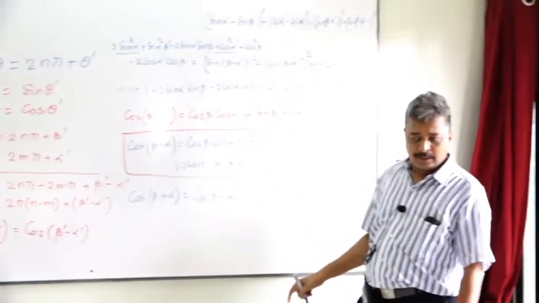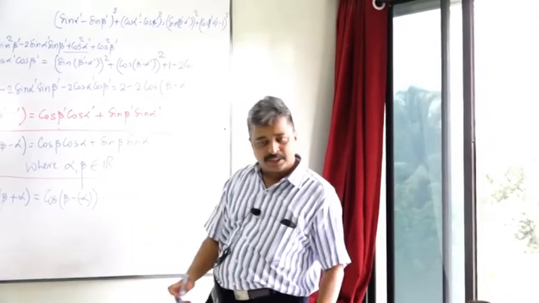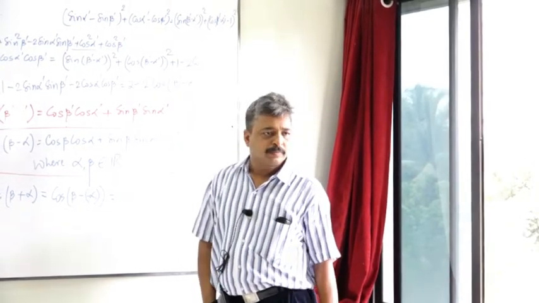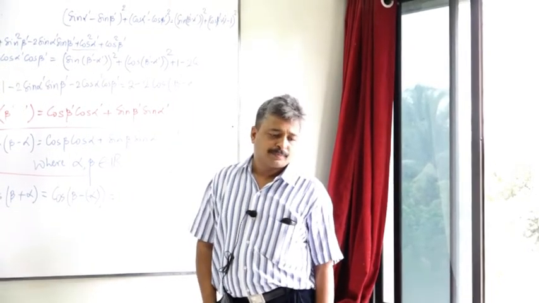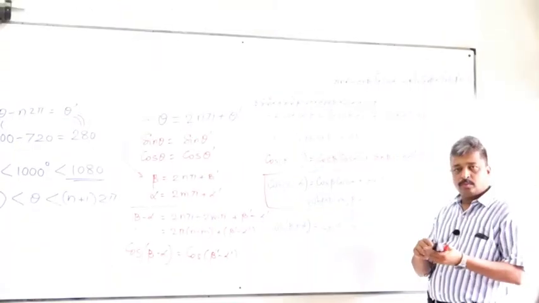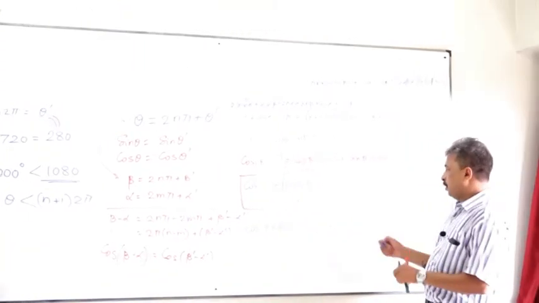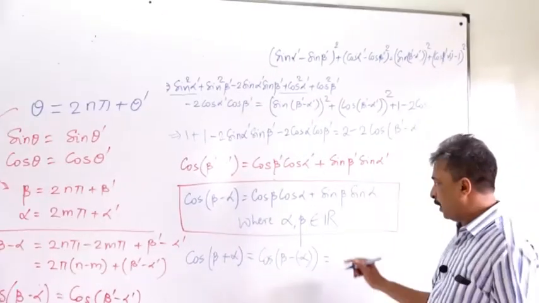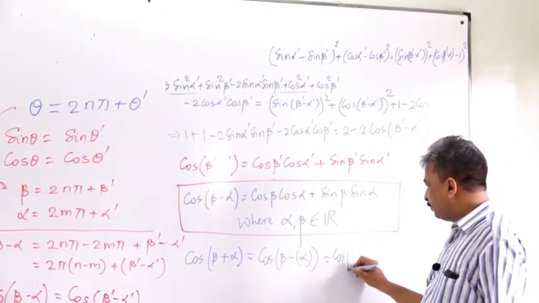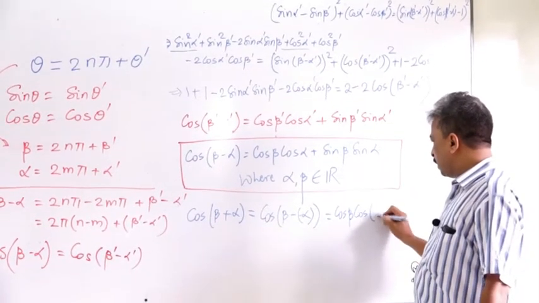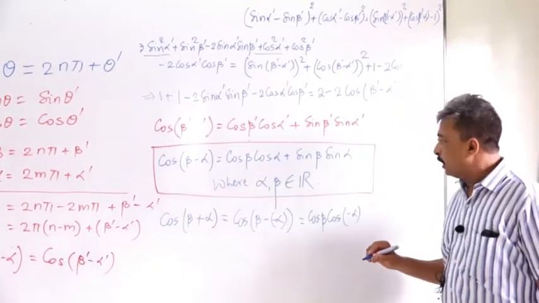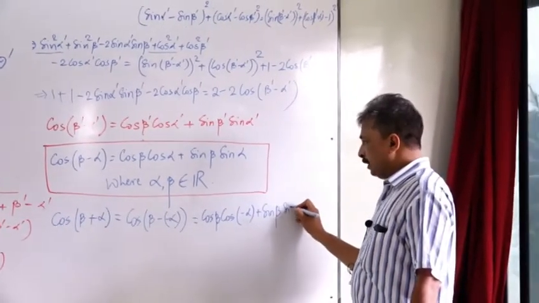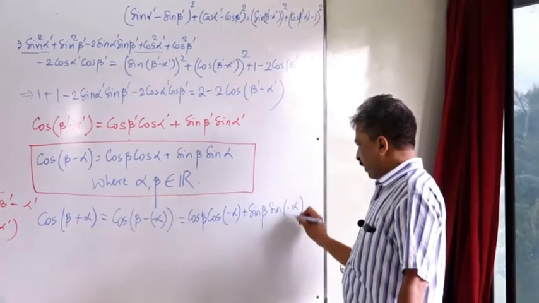Write down the formula for cos of beta plus alpha. Wherever alpha is there, I am going to put opposite of alpha. Therefore, cos beta cos of opposite of alpha, plus sin beta sin of opposite of alpha.